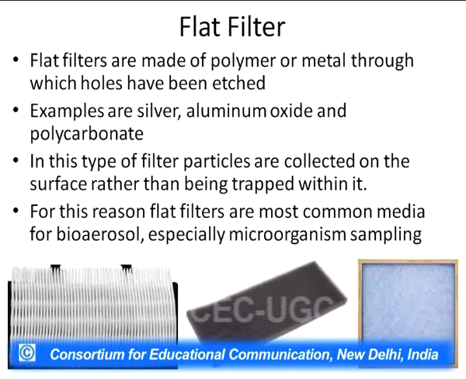They are arranged in such a manner that air does not pass through them, but strikes upon them. Thus, instead of getting interlocked within the filter, the particles get deposited upon it. So, it is very easy to remove them from the surface. Examples of three different pictures of such filters are provided.